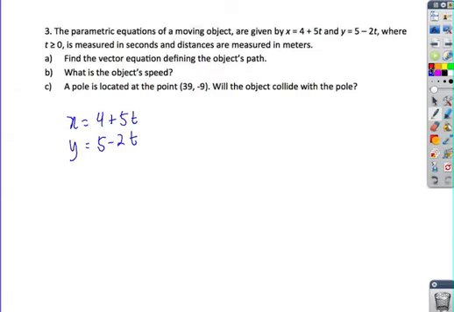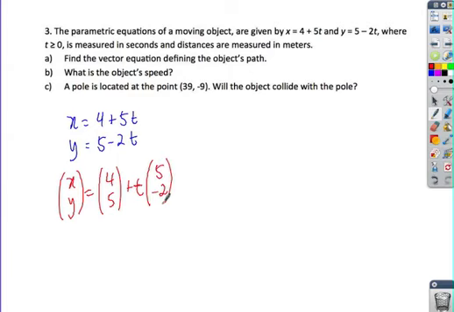So we could write it as (x, y) is equal to (4, 5), so everything x is on top, everything y is on the bottom, plus the parameter t outside the movement vector, (5, -2). So it can be represented in vector equation form, just like that. Now the question says, what is the object's speed? That's what I was talking about before.